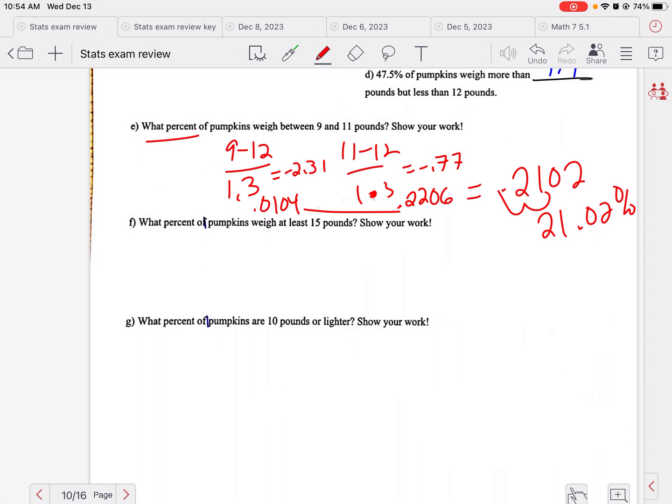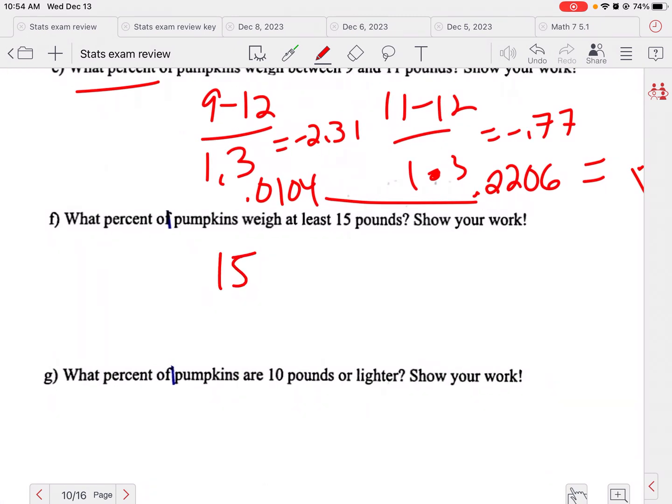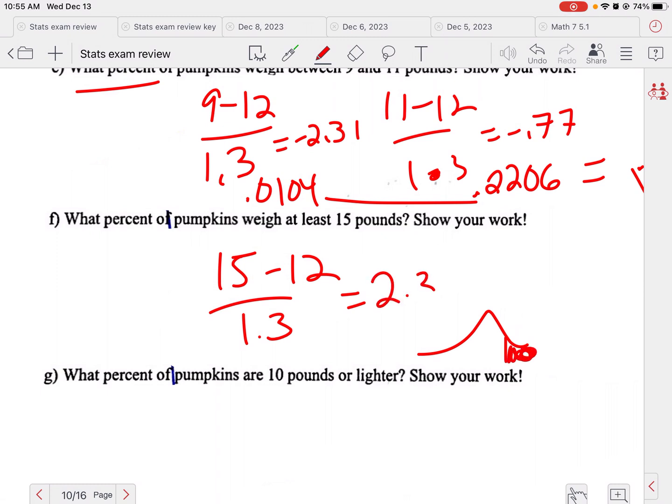Okay. What percent of pumpkins weigh at least 15 pounds? We're going to do 15 minus 12 divided by 1.3 and look that up. So they are looking at the above 15. So this would be 2.31. I'd look up 2.31 in my table, which I think we've already done once.